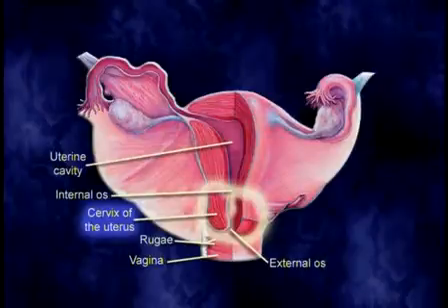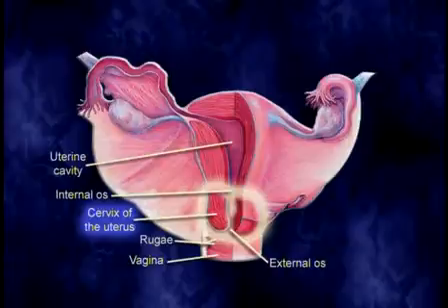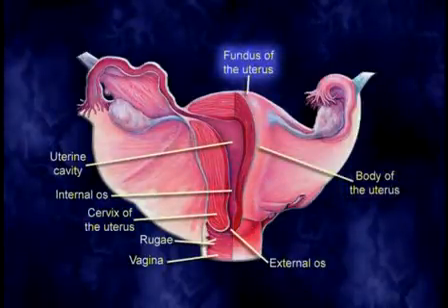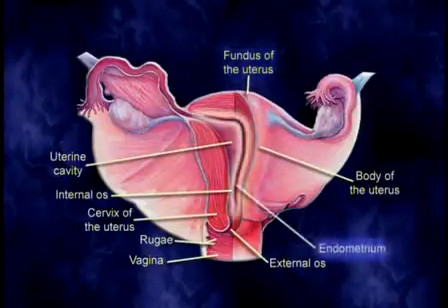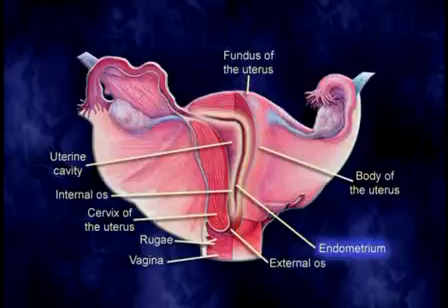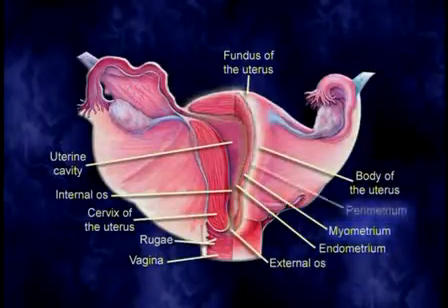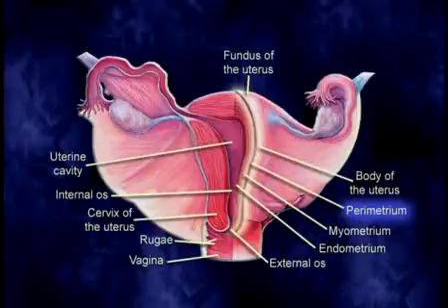Cervix is the same word for the one in the neck. This is the uterine cervix because it's the neck of the uterus. And there's the body and the fundus. It is lined with something called endometrium, or the lining over the muscle of the uterus. Then there's the myometrium, the muscle layer, and here's the visceral peritoneum.